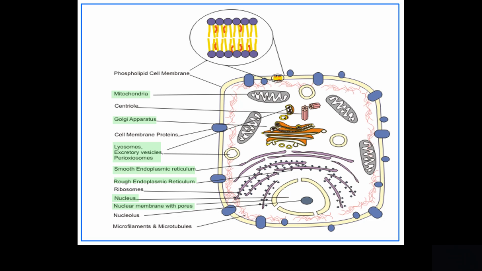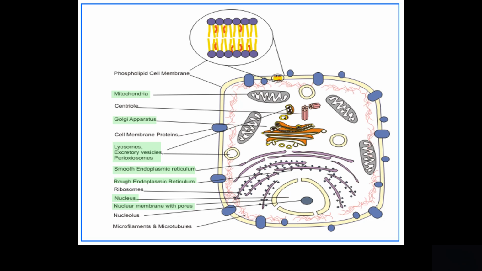We've also got smooth endoplasmic reticulum that has a membrane, and it's sometimes called SER for short. The rough endoplasmic reticulum, again, is made up of a membrane. And then we've also got the nucleus, which more specifically, the nuclear membrane is made up of these little structures.